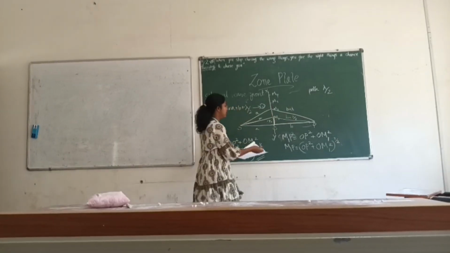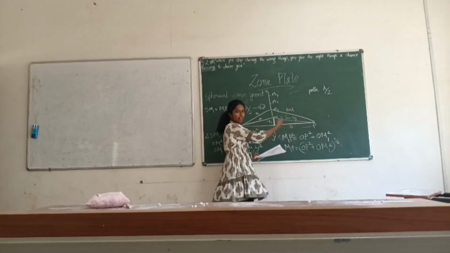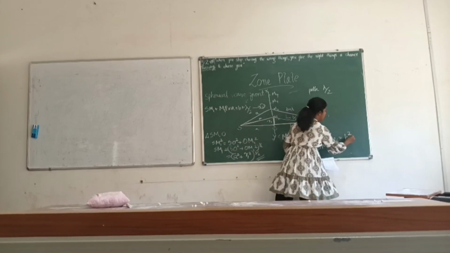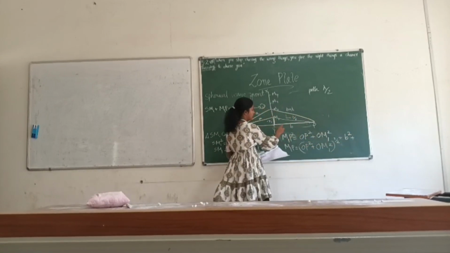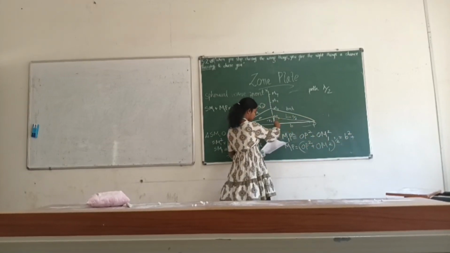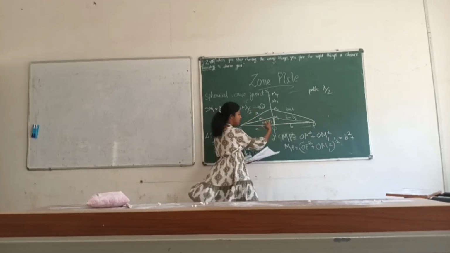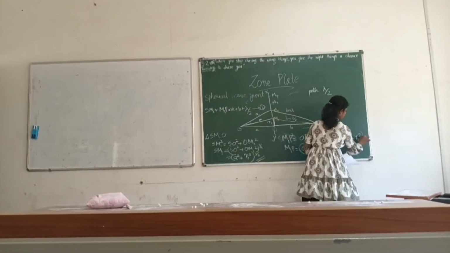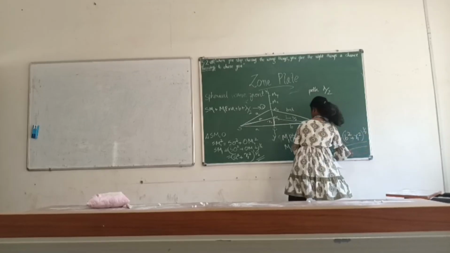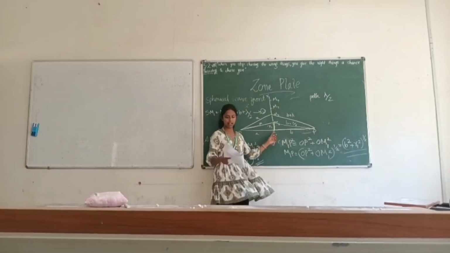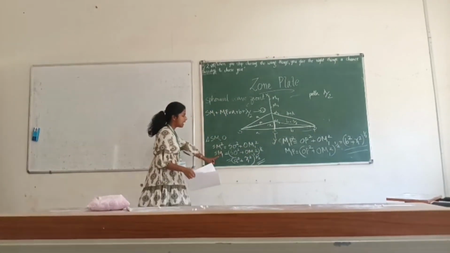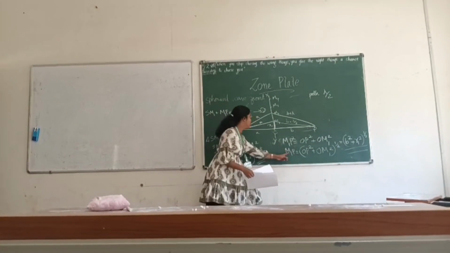OP is equal to D, so this is D square plus the same radius R1 square. So these are the values for these two triangles.